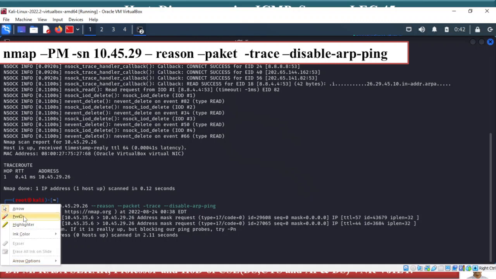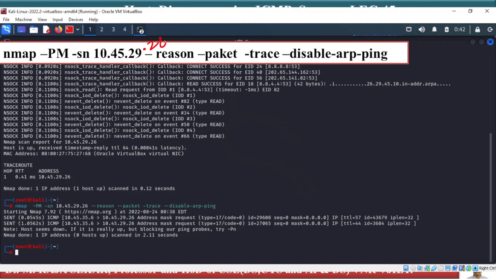I missed this one, sorry. This must be 29.26, two hyphens --reason, --packet-trace, --disable-arp-ping. Just the same command, I am only changing this particular option to -PM.